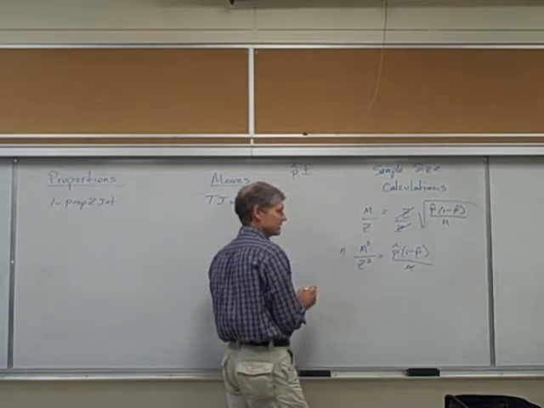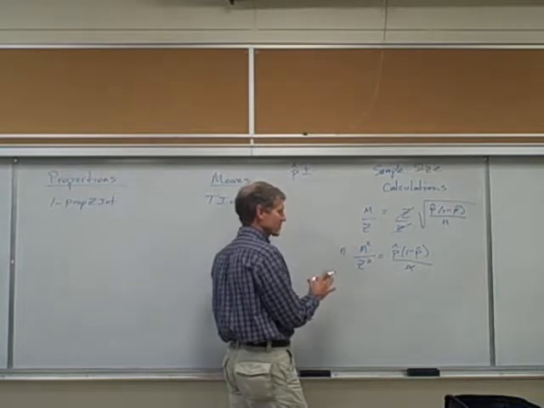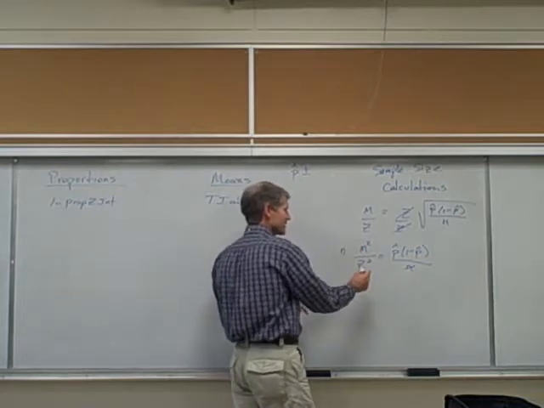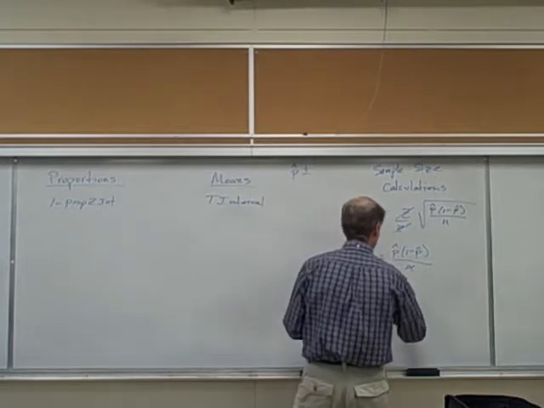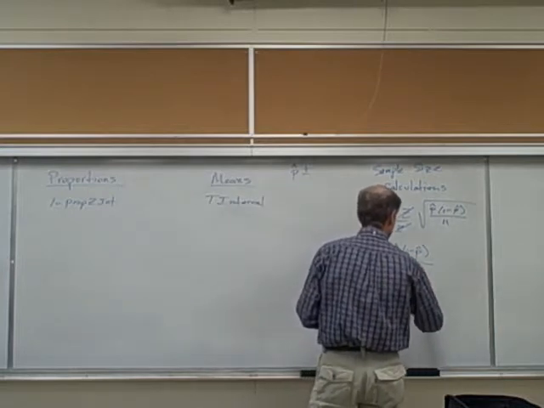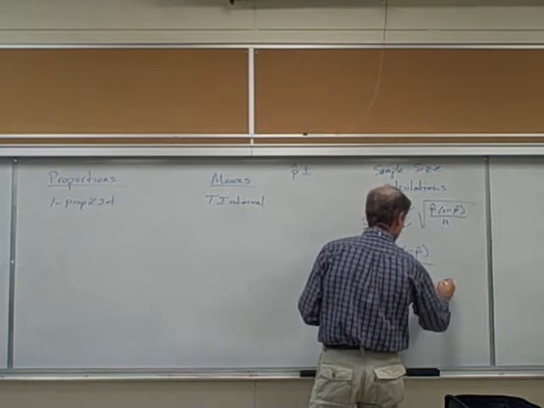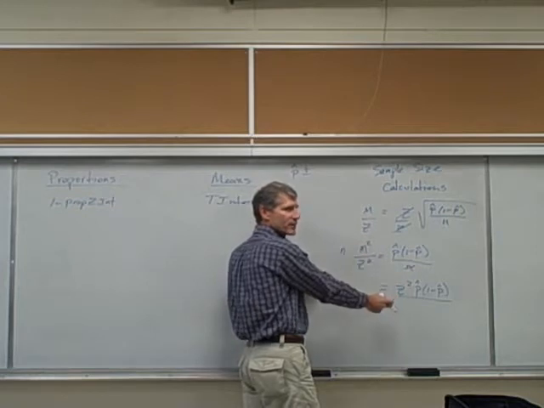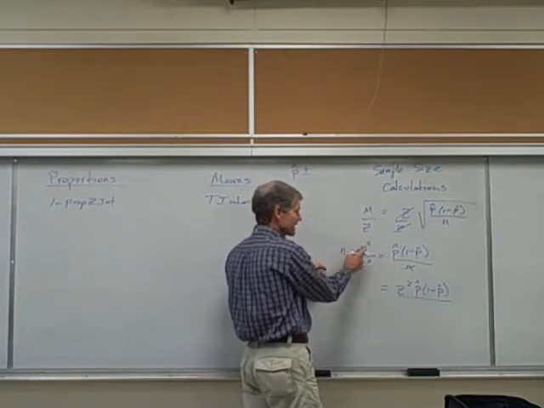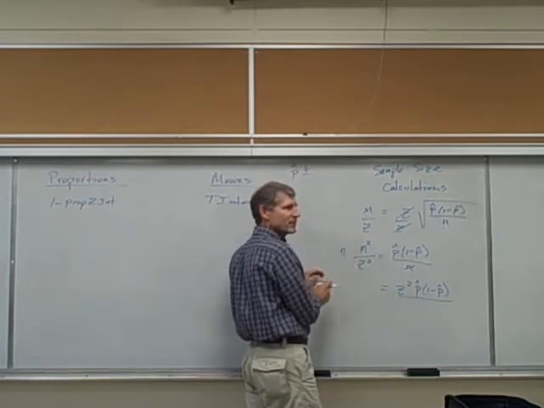And then, we're doing a lot of steps at once. I can multiply through by z squared. So I'm going to start a new line. z squared times p hat times 1 minus p hat, all over m squared. I'm dividing out the m squared and multiplying by the z squared, two steps at once.